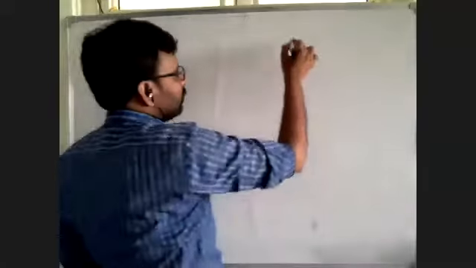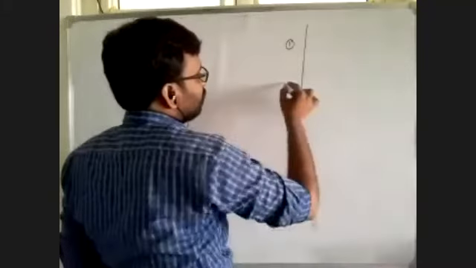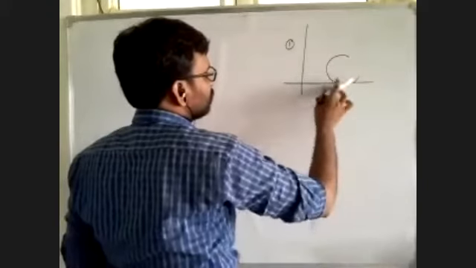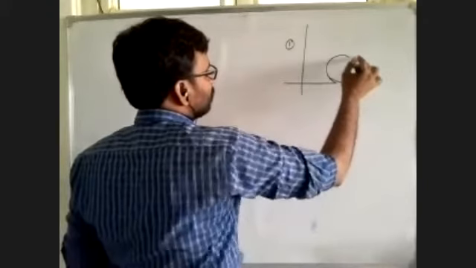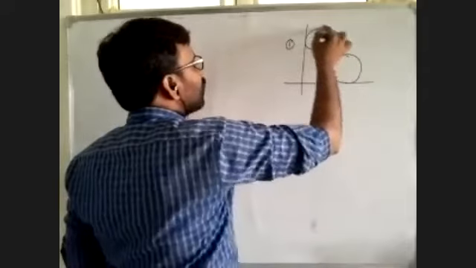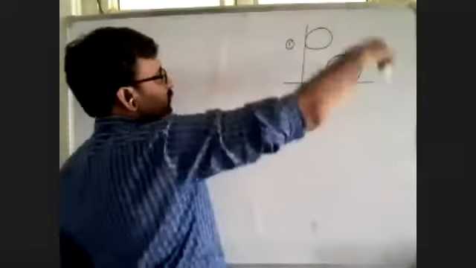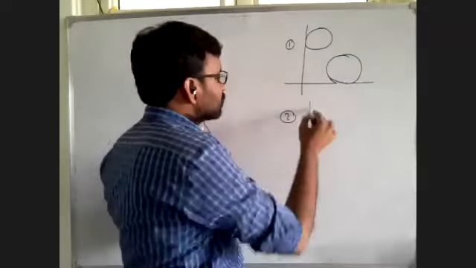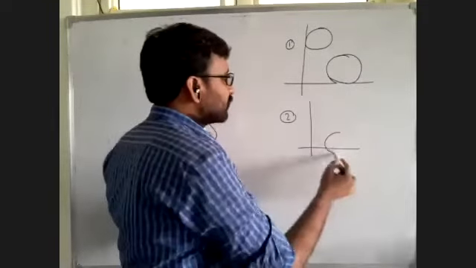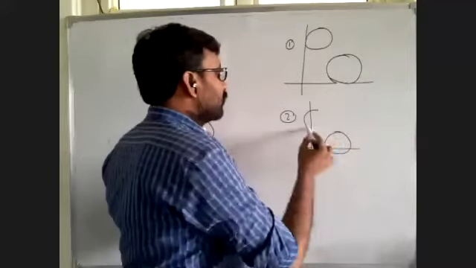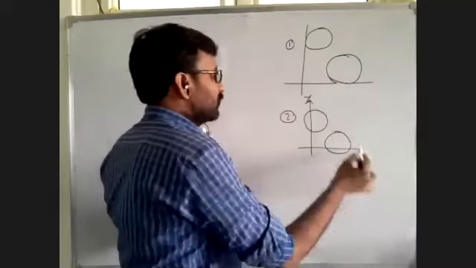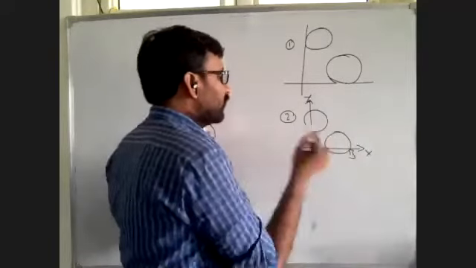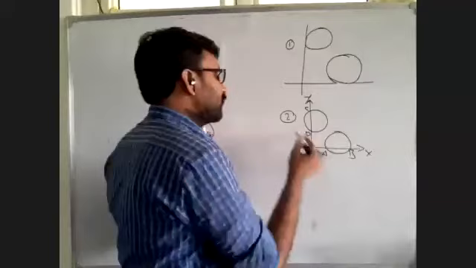Case number 1, circle will touch x axis only, touching, or y axis, or both axes. Means we have to draw a circle like this. Second case, circle will make x intercept at A, B and y intercept at C, D, whatever it is.